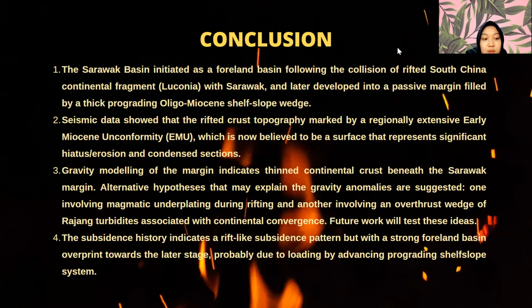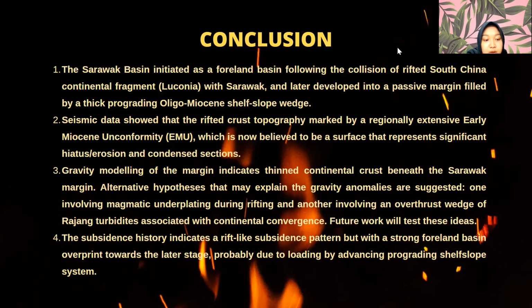The foreland basin was later overridden and buried under the propagating Oligocene regional slope system. The basin evolved through a deep foreland basin phase, called the flysch phase, during the late Eocene to Oligocene, followed by the post-Oligocene, or what we call the molasse phase, of shallow marine shelf progradation to present day.